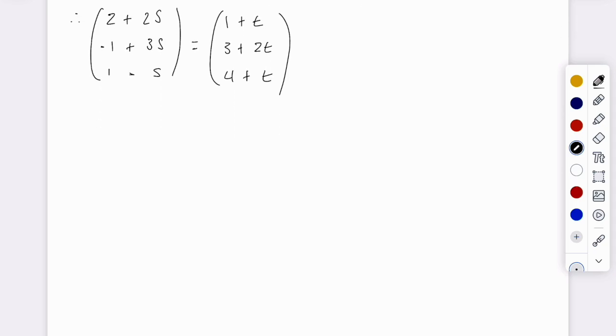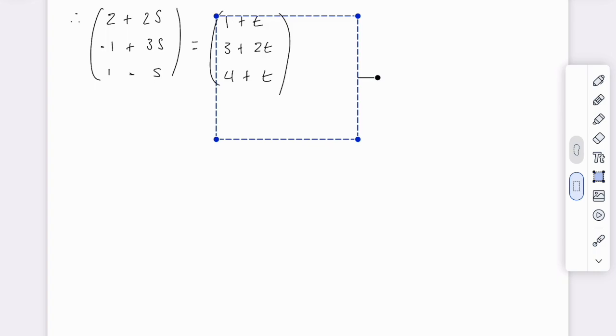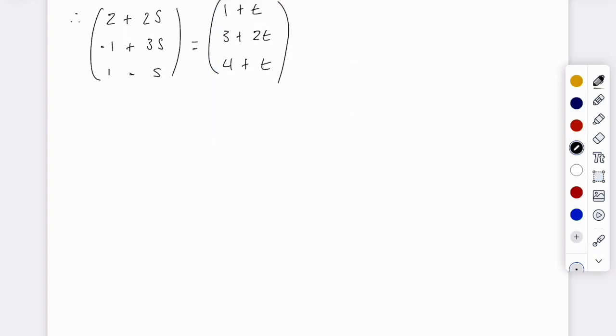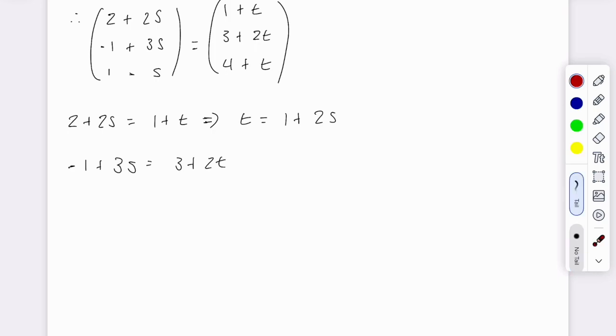Which means what? Okay, so we can say, fine, with this, 2 plus 2s is equal to 1 plus t. Which means t is equal to 1 plus 2s. Now, if t is equal to 1 plus 2s, and negative 1 plus 3s is equal to 3 plus 2t, another equation, okay? Because 2 plus 2s equals 1 plus t, but we also got negative 1 plus 3s equal to 3 plus 2t.